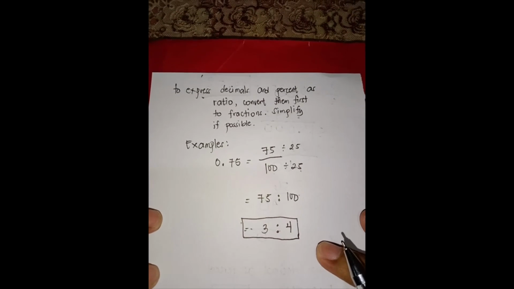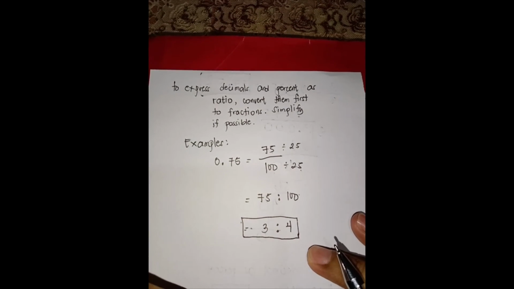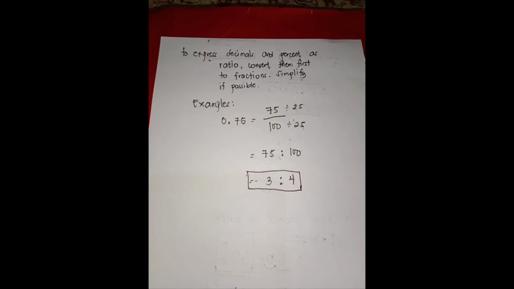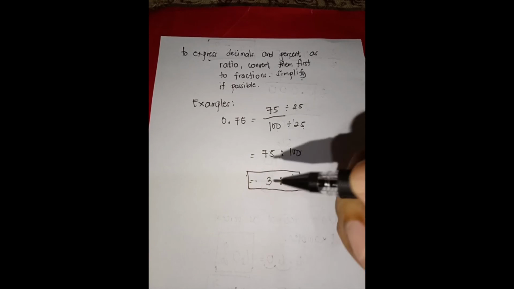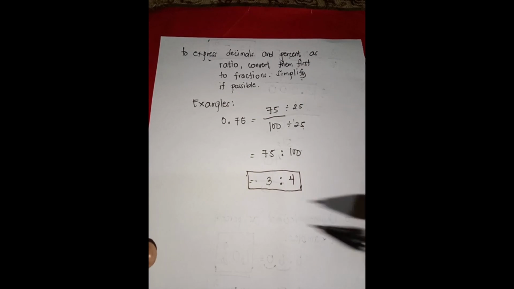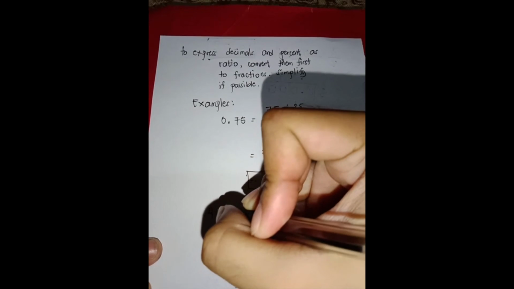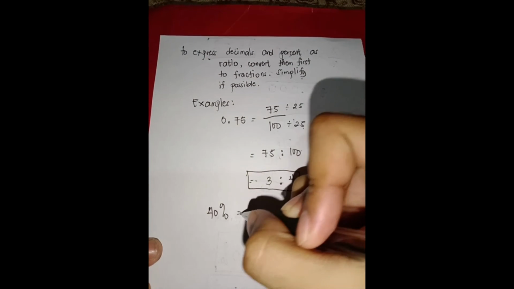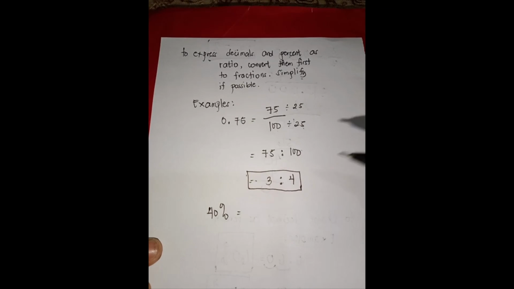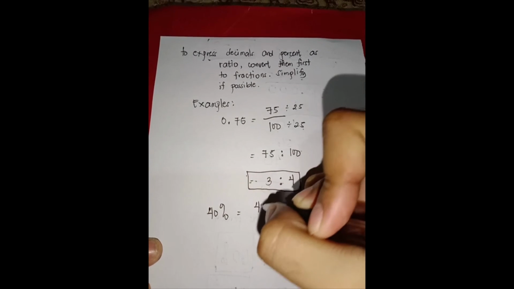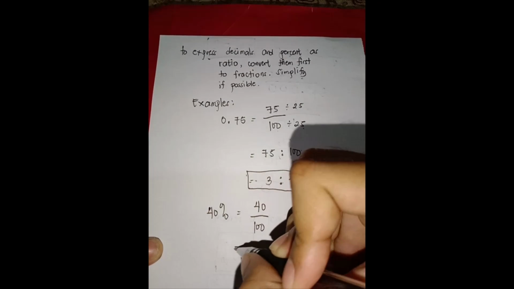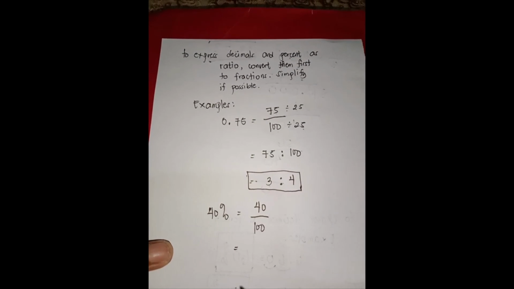Okay, so next, another example. So what if it is a percent that we will express? So for example, I have here 40%. So it's a percent, so first we make it a fraction. So therefore, we have 40 over 100. Next is change it into ratio form.